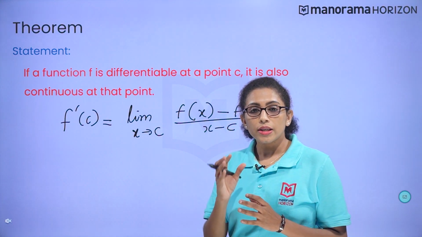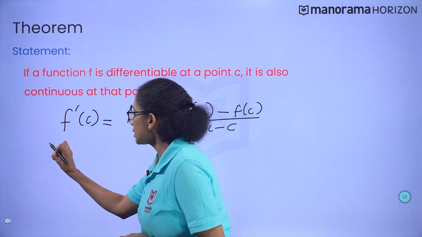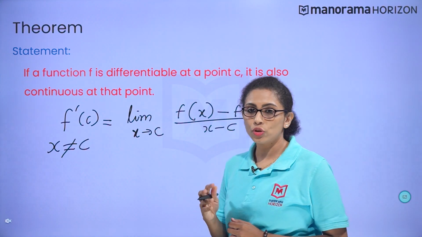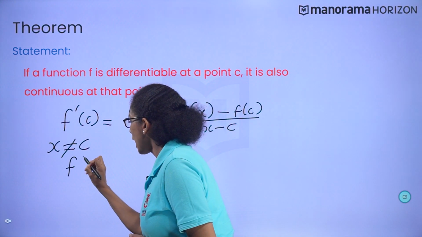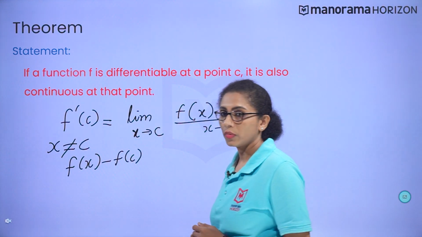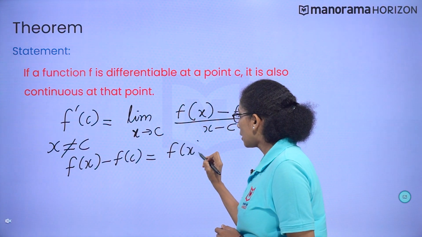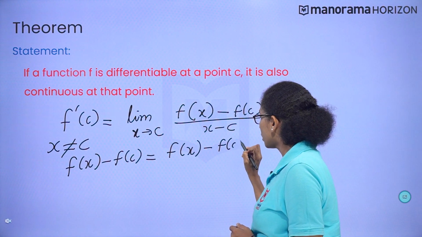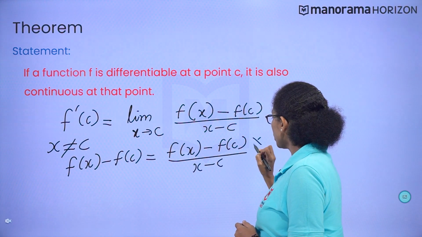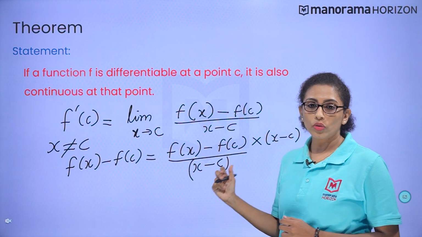So, consider x is not equal to c. For x not equal to c, we have f of x minus f of c, which can again be written as f of x minus f of c by x minus c, into x minus c. Alright.